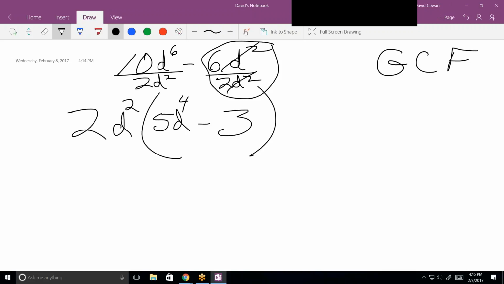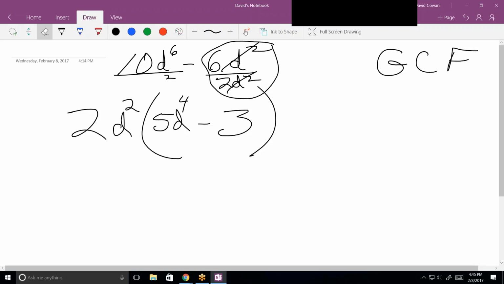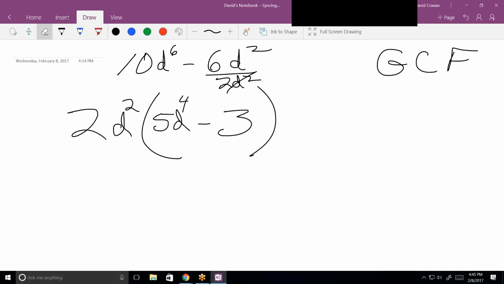Okay. So now what I highly recommend whenever you're doing factoring is as you do it, check it. Don't wait till the end. What I mean by that is when you come up with this 5d to the 4th, immediately multiply it by 2d squared to make sure you get 10d to the 6th.